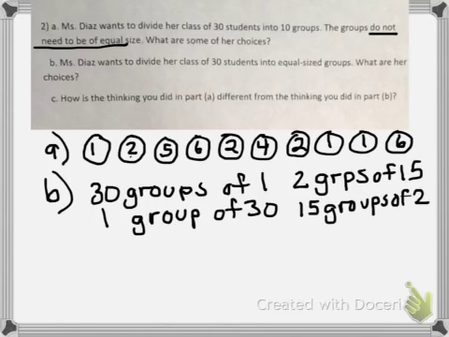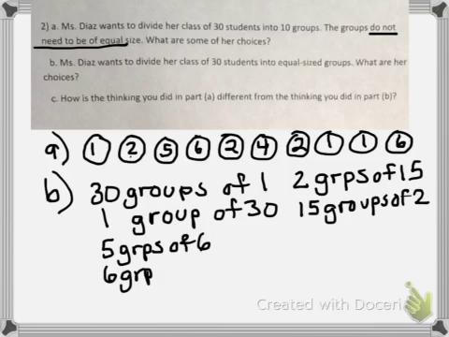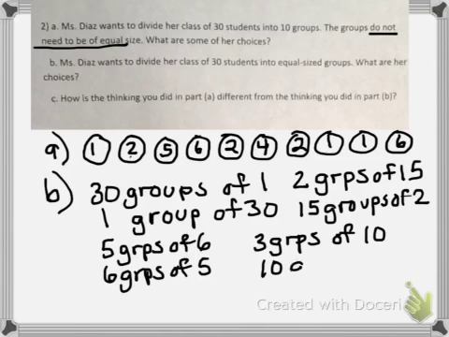Notice I'm listing all the numbers that go evenly into 30 because we don't want any leftovers. We could have 5 groups of 6, 6 groups of 5, and 3 groups of 10. My GRPS means groups, by the way. 3 groups of 10 and 10 groups of 3.